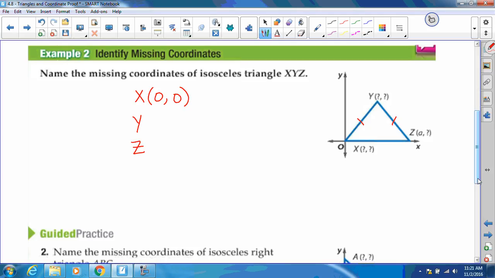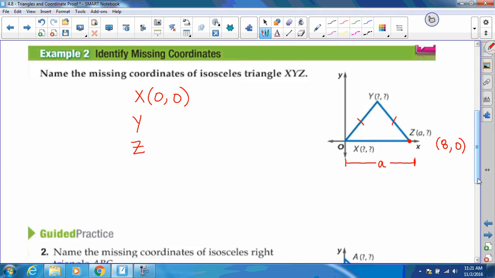Okay, so Z, if you notice, Z has a coordinate A, and that's the x coordinate, right? So when you're sitting on the x-axis, whatever that x coordinate is, if you're starting at 0, that's the distance that the base is. So if Z was the point, let's just make it up, let's say Z was the point 8, 0.